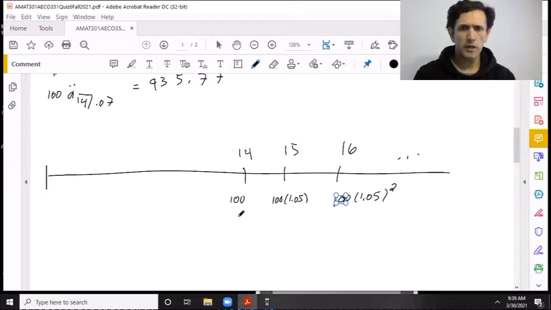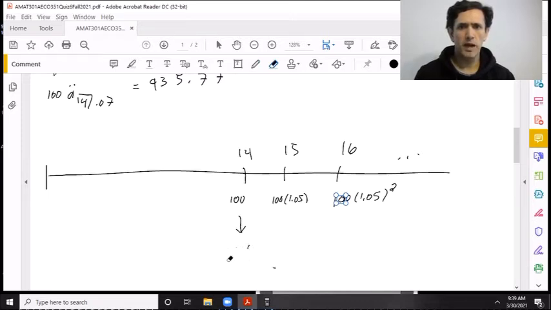And the formula is just you take your starting value, 100. That 100 increases 5%, so it's minus 0.05 each. Sorry, I made the mistake that a lot of people did.